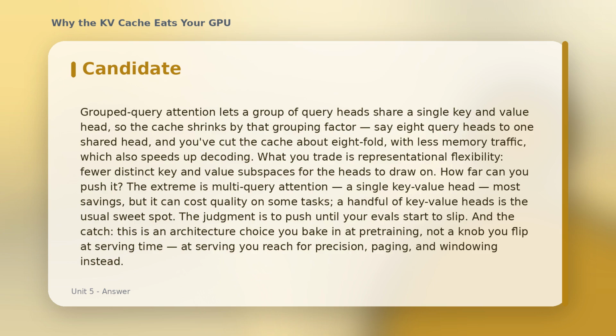The extreme is multi-query attention, a single key value head. Most savings, but it can cost quality on some tasks. A handful of key value heads is the usual sweet spot. The judgment is to push until your evals start to slip. And the catch? This is an architecture choice you bake in at pre-training, not a knob you flip at serving time. At serving, you reach for precision, paging, and windowing instead.